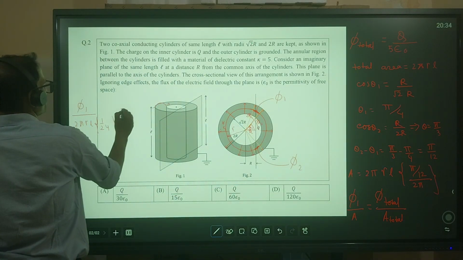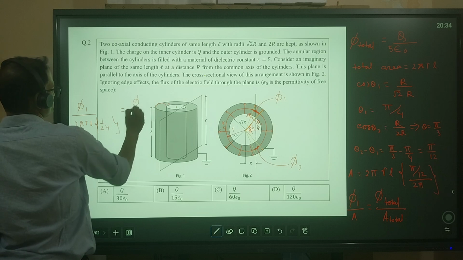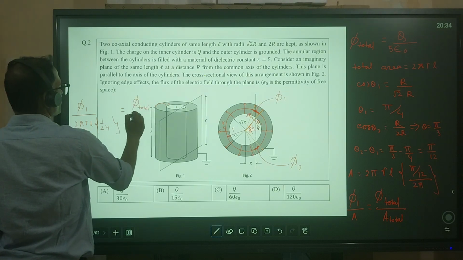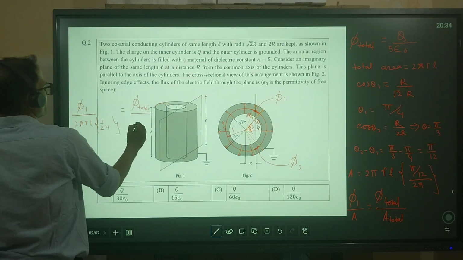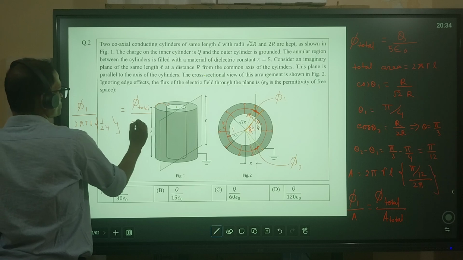And phi total by A total, where A total is 2 pi RL.